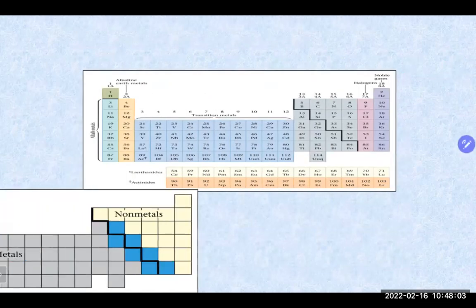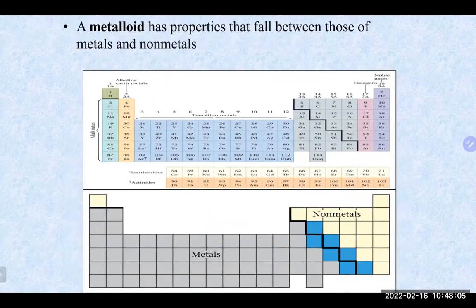Now, our semi-metals are our metalloids, again coming down here. These are elements that have properties that basically fall on both sides of where they are on the periodic table. A particular metalloid will have some properties that are very similar to what we see in metals, and that same element will also have some properties that are very similar to what we see in non-metals.